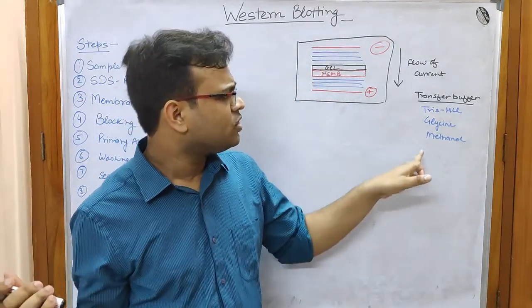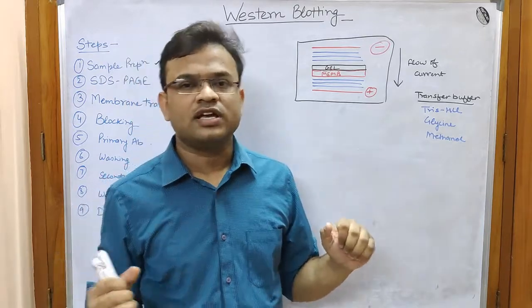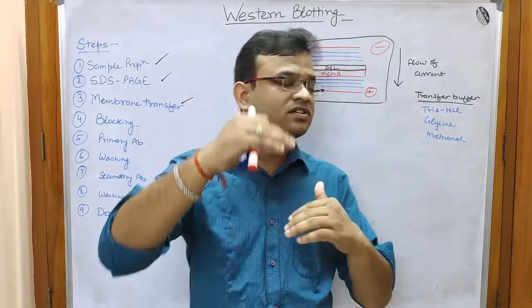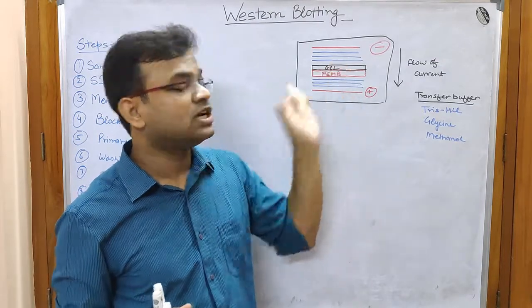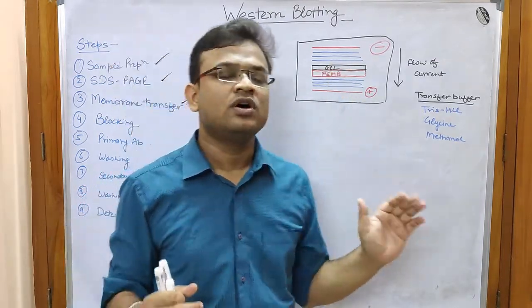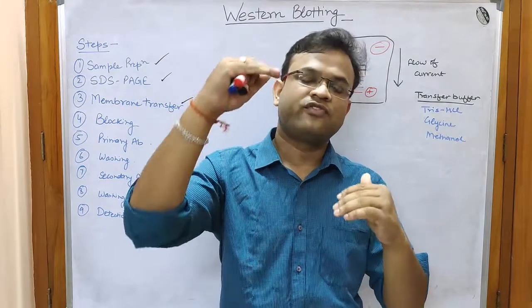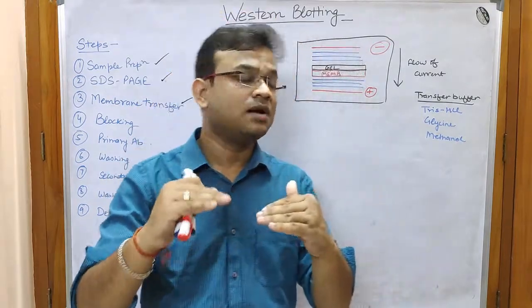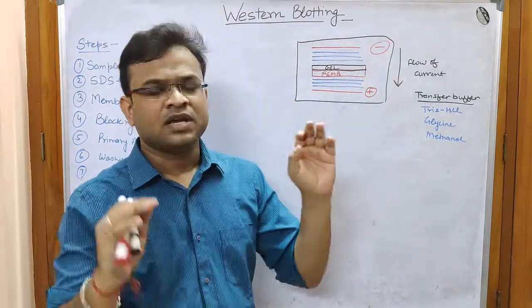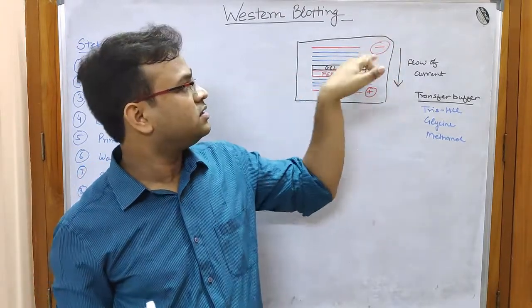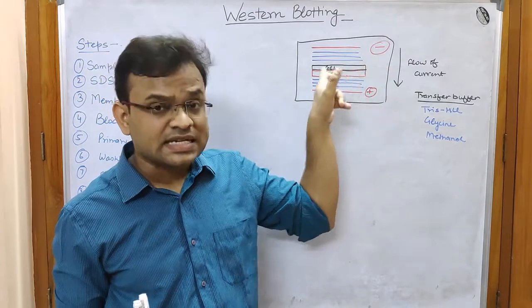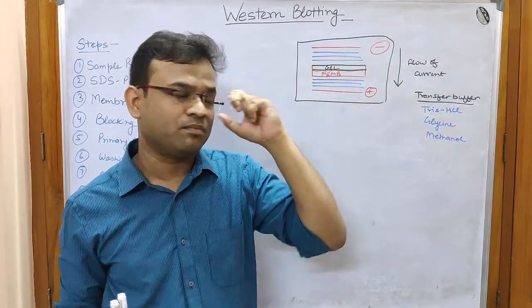So the purpose of methanol here is to restrict the transfer of SDS, the detergent, to the membrane, and only allow the transfer of proteins from the gel to the membrane. So this sequence of the various components inside the Western blot is very important.